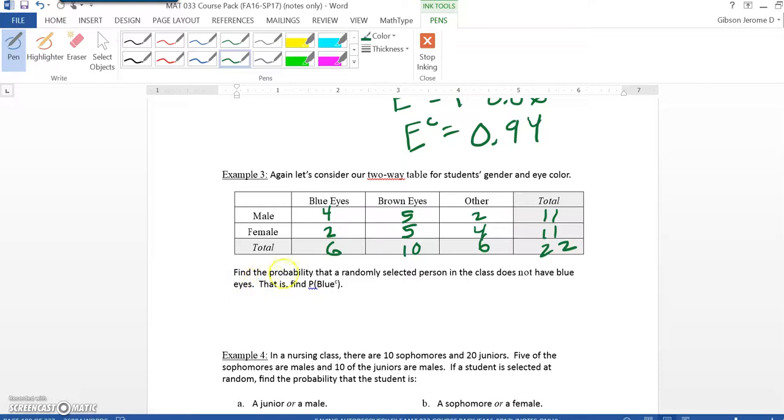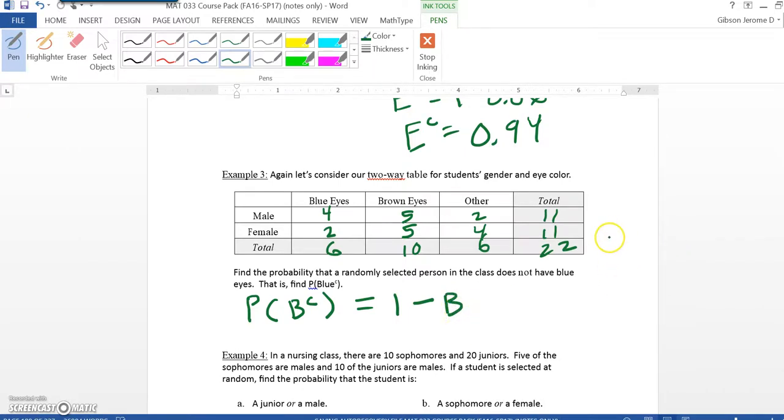It says, find the probability that a randomly selected person in the class does not have blue eyes. That is, find P of blue complement. So we want all of the people that do not have blue eyes. So we'll have the probability of the complement of blue, which would be 1 minus. Now, we must first find the blue-eyed people.